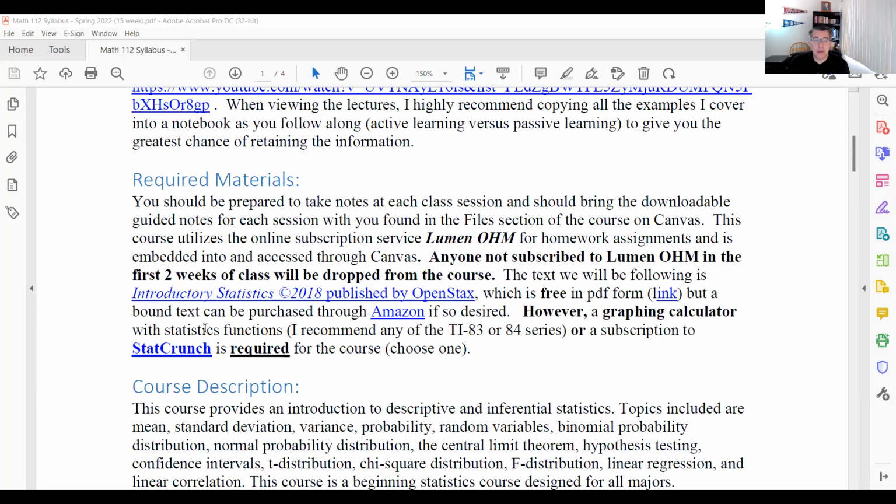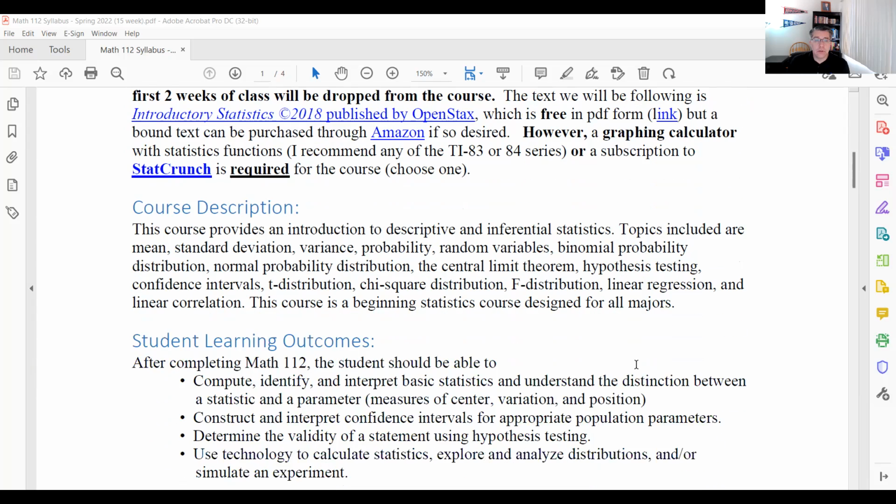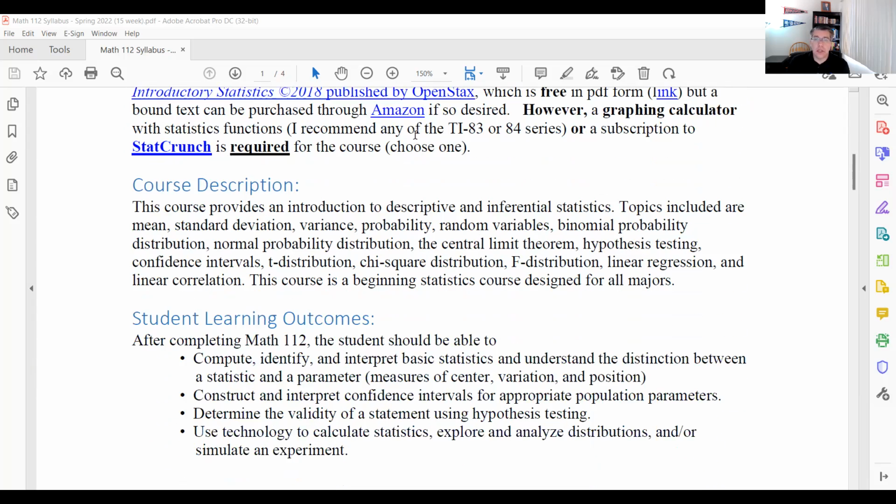However, a graphing calculator with statistics functions or a subscription to StatCrunch is required. So make sure that you're aware of that. Okay, so you need either a calculator or StatCrunch. Okay. And the calculator needs to have statistics functions.